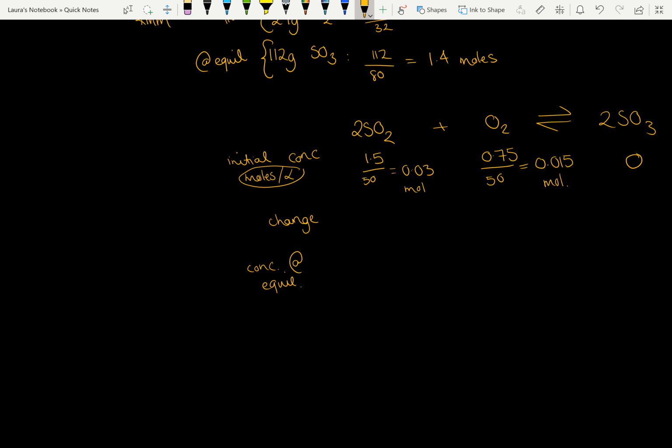Initially I've got 0 moles of the sulfur trioxide. There's one more thing we calculated, and that was the concentration at equilibrium of the SO3. We were told that we had 1.4 moles of the SO3 at equilibrium, but again, that was in the 50-litre container. So let's convert that into moles per litre by dividing by 50, and that gives me 0.028 moles of the sulfur trioxide at equilibrium.